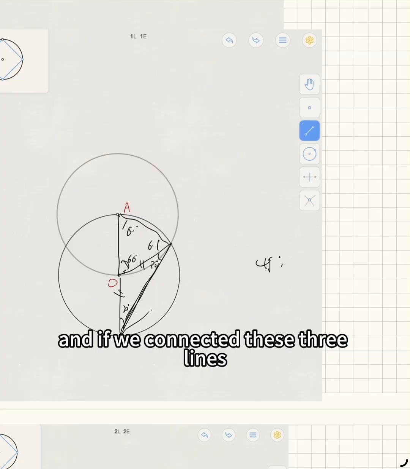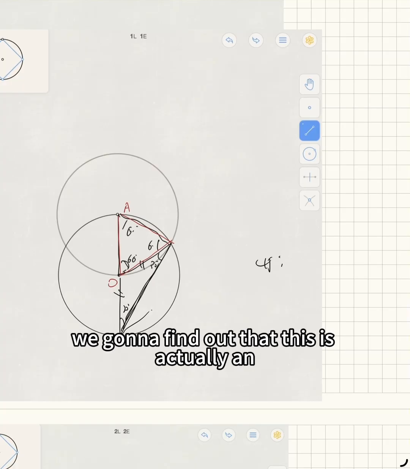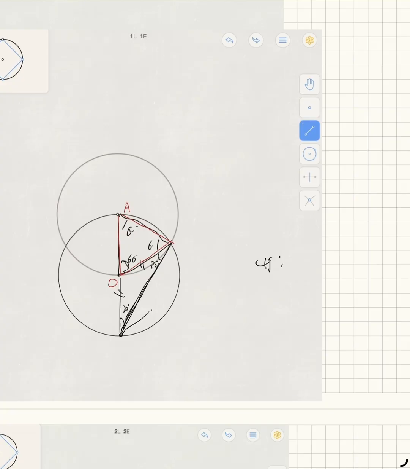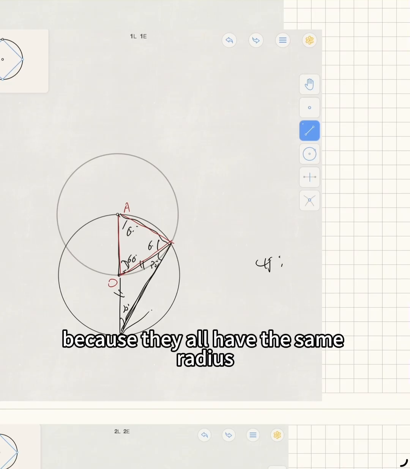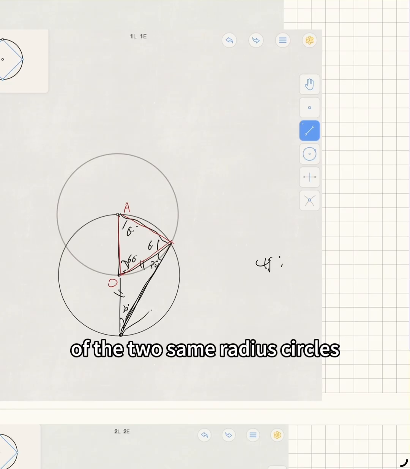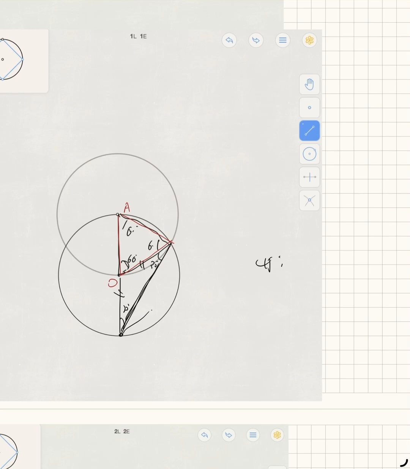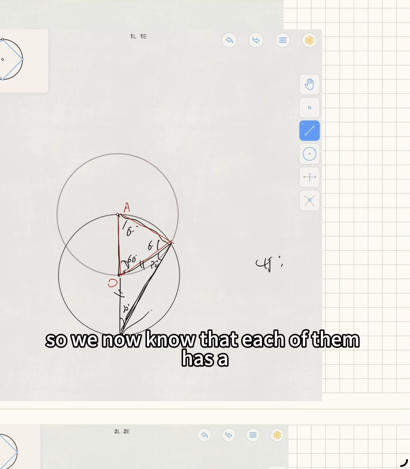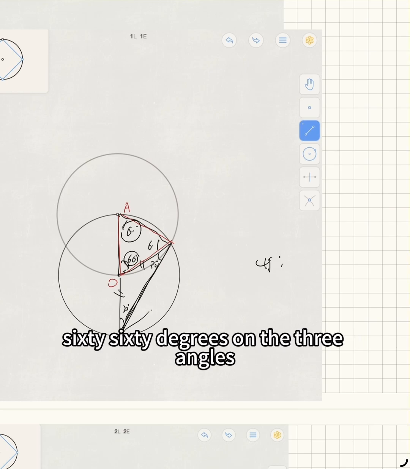If we connect these three lines, we find that this is actually an equilateral triangle. How do we know this? Because they all have the same radius of the two same-radius circles. So we now know that each of the three angles is 60 degrees.